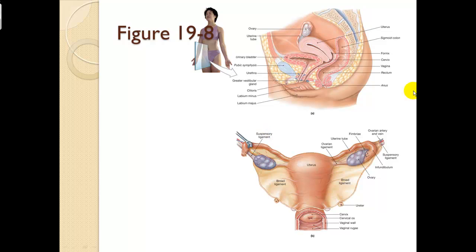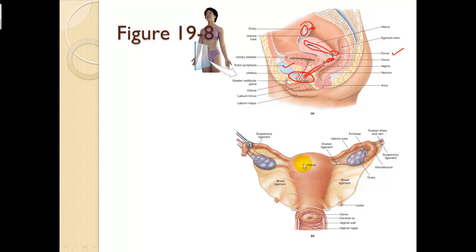And quick rundown on this again. Last time we'll be seeing this. Fornix right there. This is the cervical opening. Cervix, ovary, fallopian tubes, fimbriae, symphysis pubis, glandular areas for secretion, vaginal area.